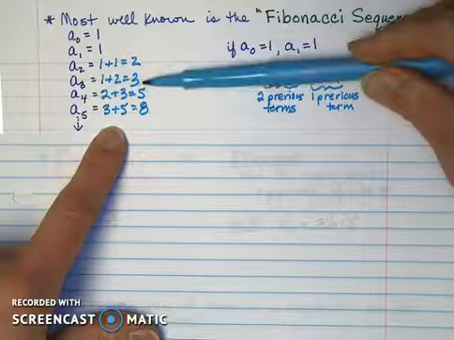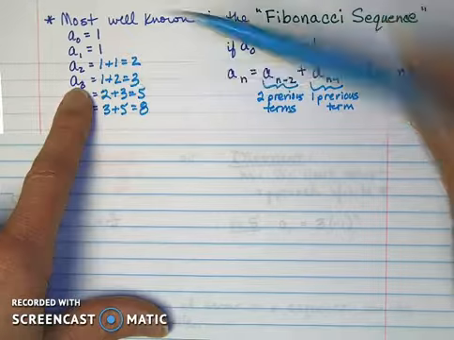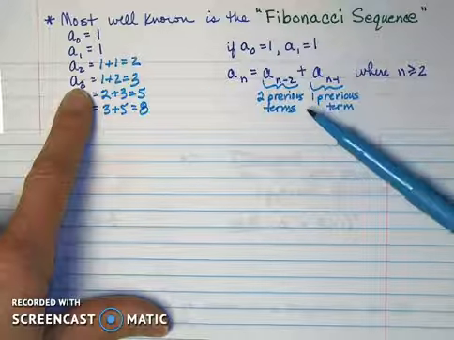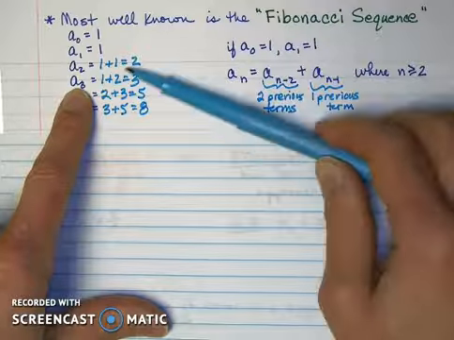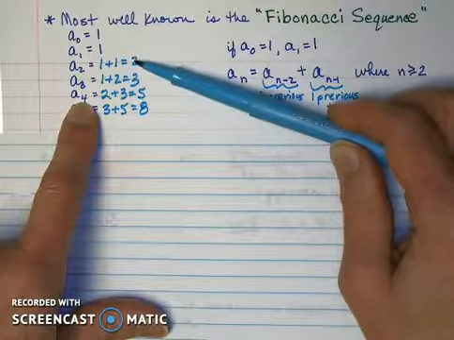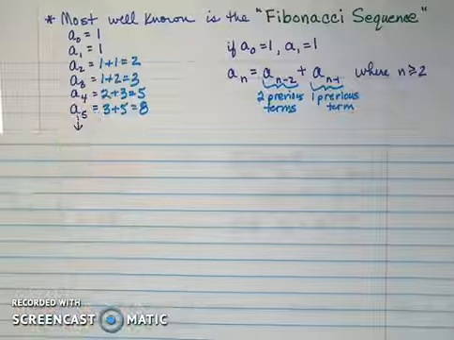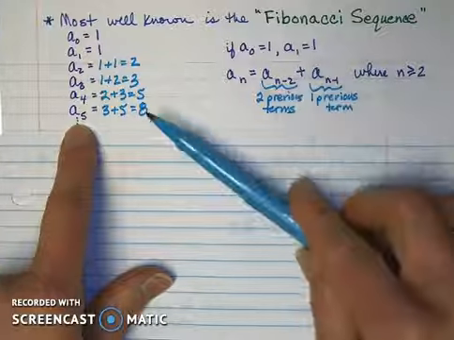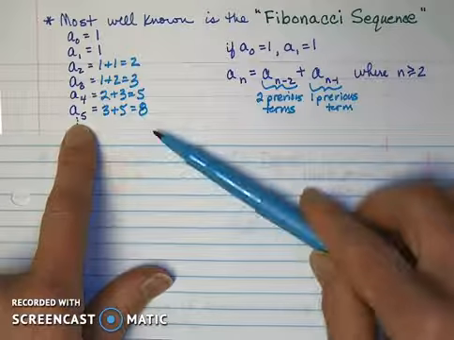To get the third term, we add the second term plus the first term. We go 2 back. So you go 1 back and then 2 back to get the next value. So the next value, if I wanted the sixth term, it would be 5 plus 8, and would be 13.